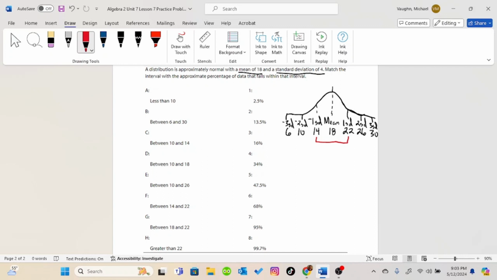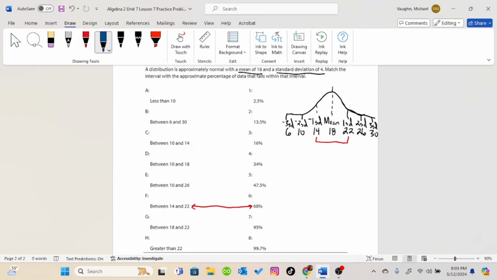So in this case, that's 14 to 22. So F matches number 6. Next, 95%.